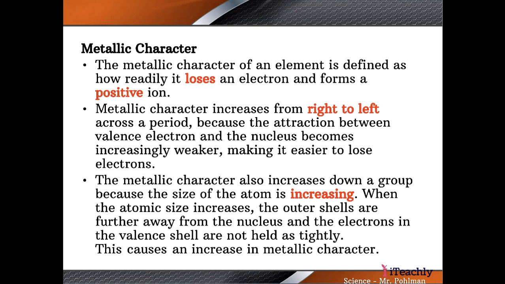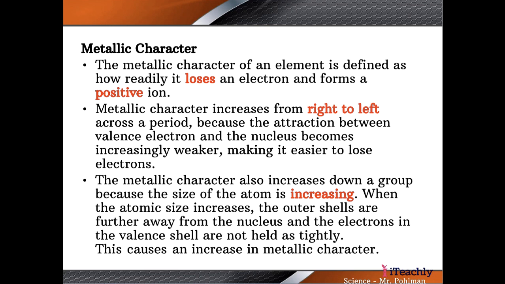All right, now the metallic characteristics. I've said this countless times. Metals want to lose electrons to form cations or positive ions. So as you move to the right of the periodic table, you're changing from metals to nonmetals. That means that your metallic characteristic is decreasing.